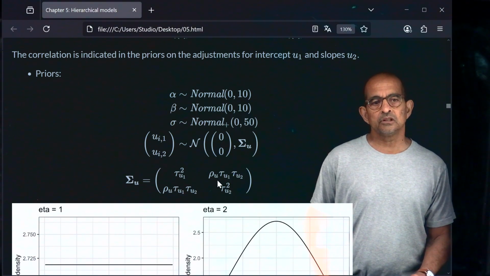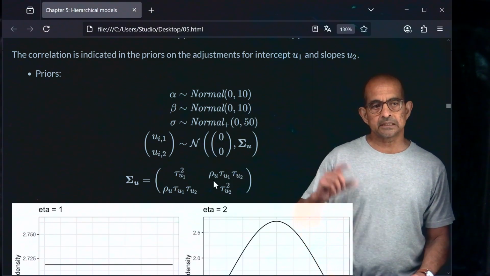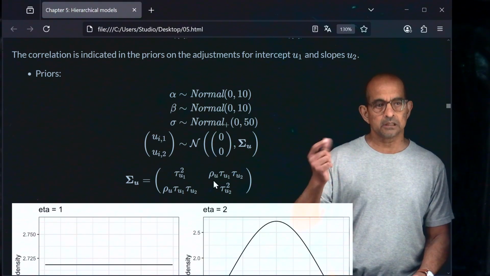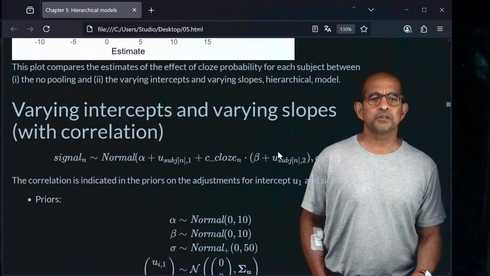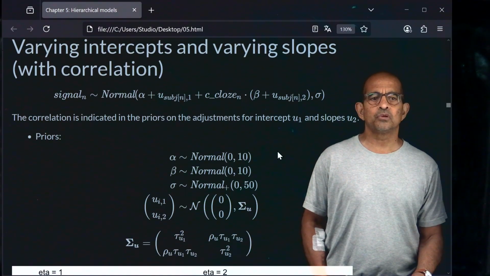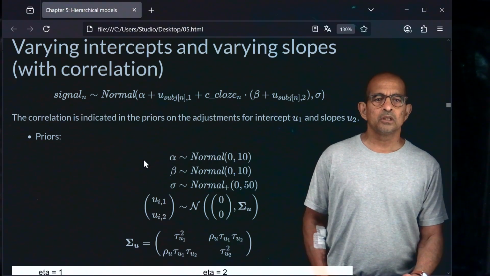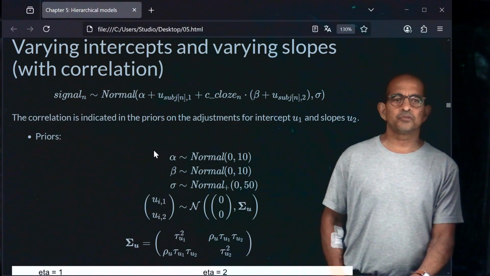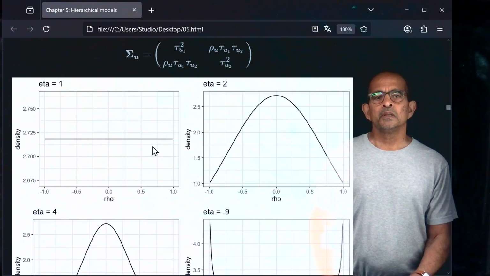So here in the off diagonals I've got the covariances, and this correlation parameter is the parameter that represents the potential correlation between intercepts and slopes, right? So everything else is pretty much the same as before. There's nothing new here, so I've not written out all the priors for all the parameters here, just to save some space.